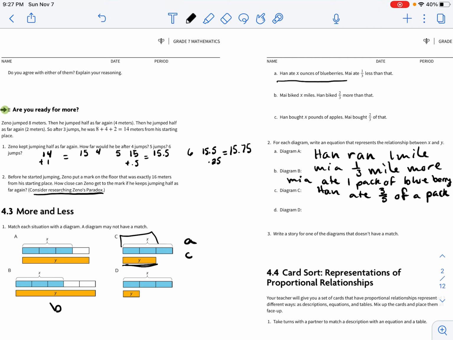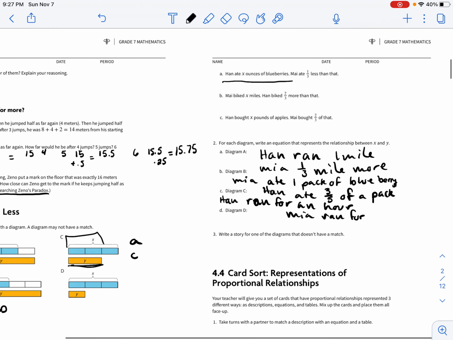Diagram C. So right there you could put Han ran for an hour. Maya ran for 40 minutes.